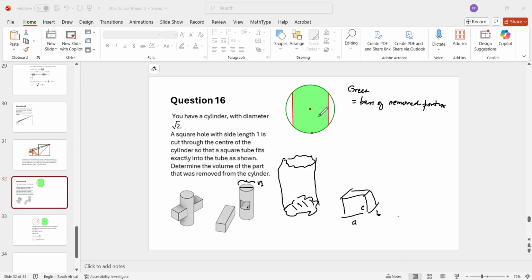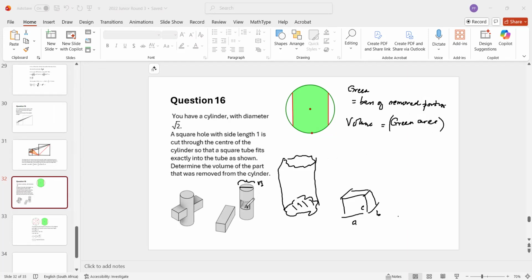In this case, the volume of that cutout piece is equal to the green area, the area of the base, times the height.